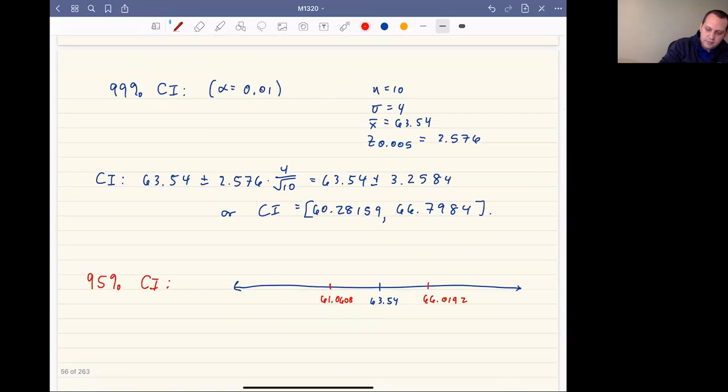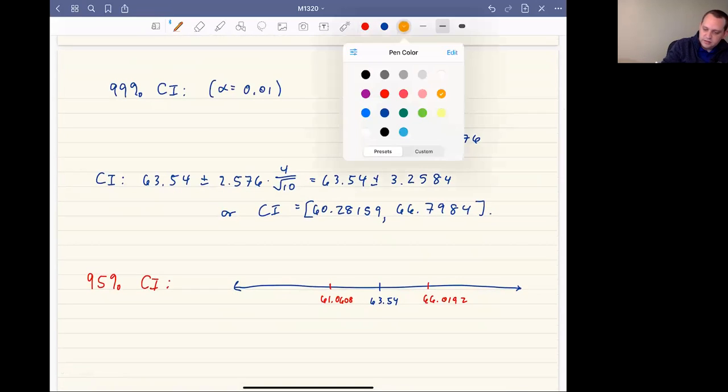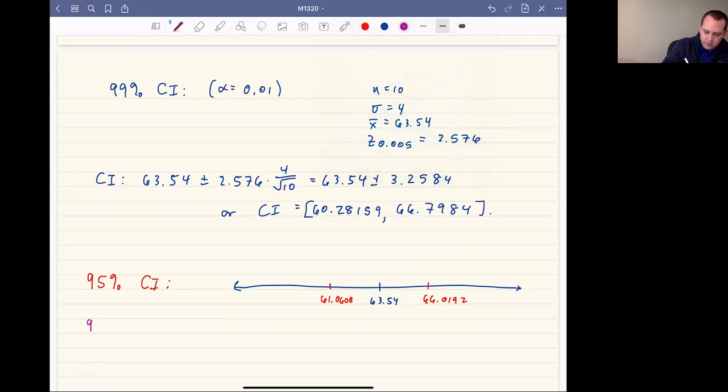And then our 99% confidence interval, let's do that in a different color, say purple, went from 60.28, so that's a little bit farther. This is not to scale, but emphasizes the point. 60.2816, all the way up to, let me write these values above the number line so they're a little easier to read, 66.7984.